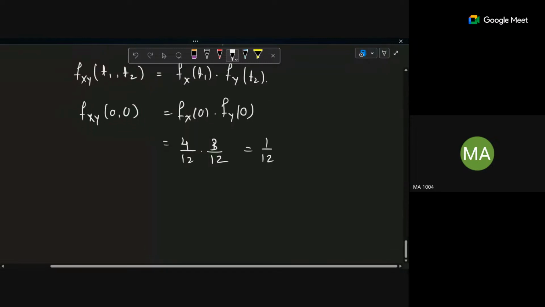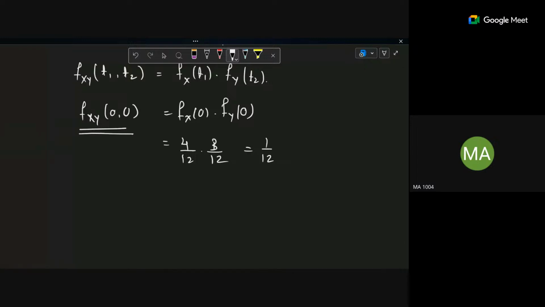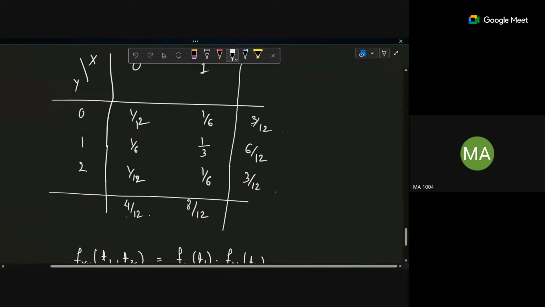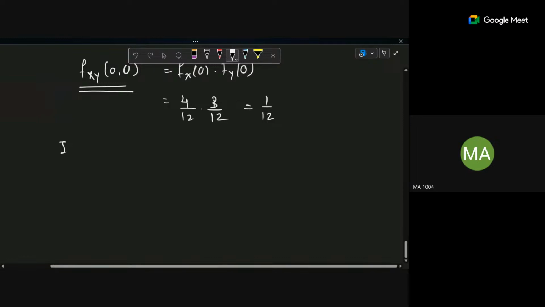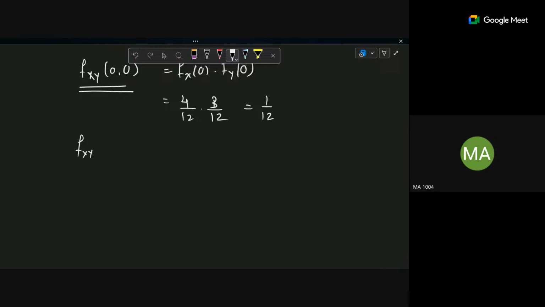But note one thing, you have to check it for each and every joint PMF. Your joint PMF should be equal to the product of the marginal PMFs. You have to do this for all these 6 values. If fxy of T1, T2 is equal to fx of T1 into fy of T2 for all T1 and T2, then your X and Y will be independent.